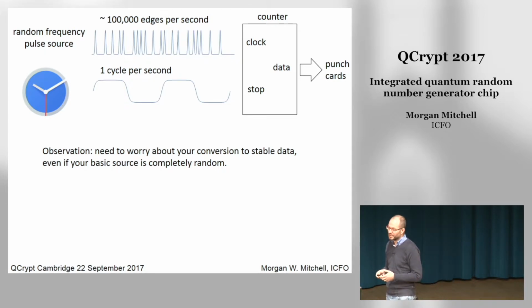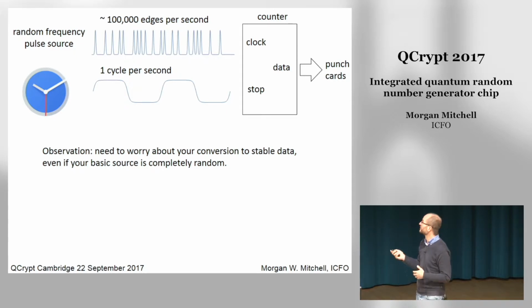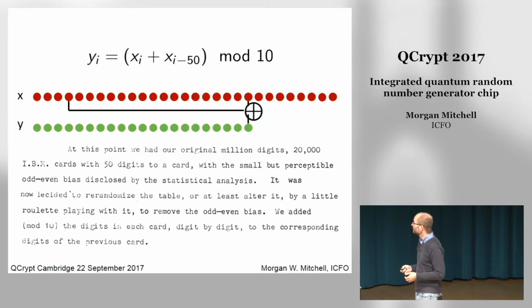So converting something from an analog mode or from a physical mode into a data mode is an important consideration. Okay, so they saw that these things were not perfectly random, and what did they do? So we saw that it had a bias for odd numbers. It was now decided to re-randomize the table, or at least alter it by a little roulette playing with it to remove the odd-even bias.